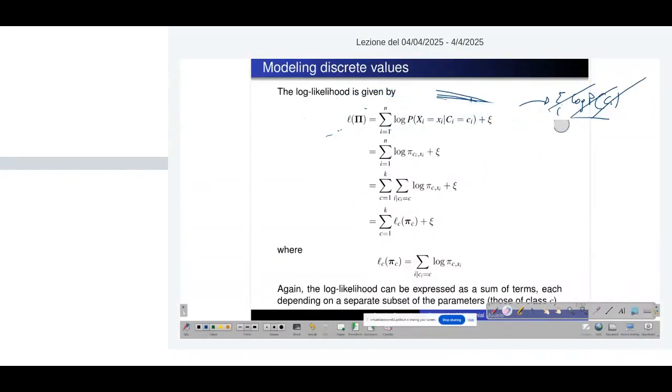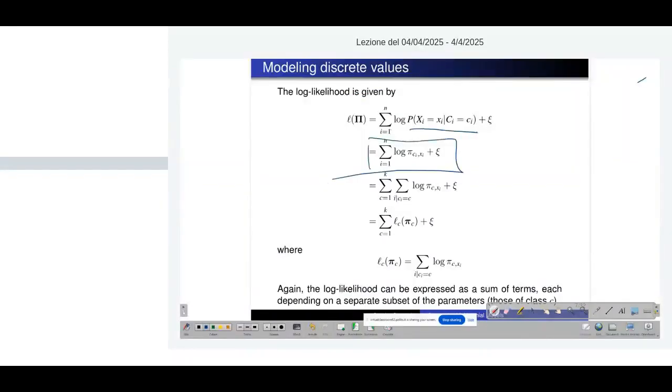As we did before, we rewrite in place of these terms the corresponding value for the parameters.